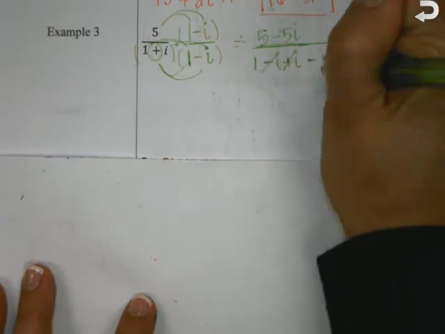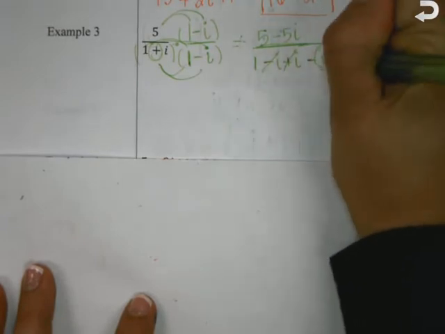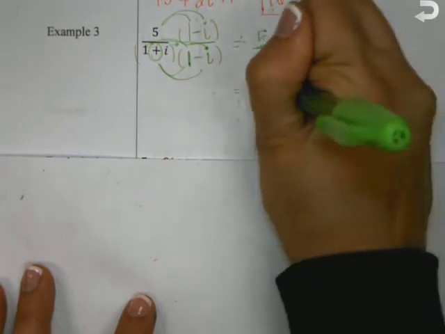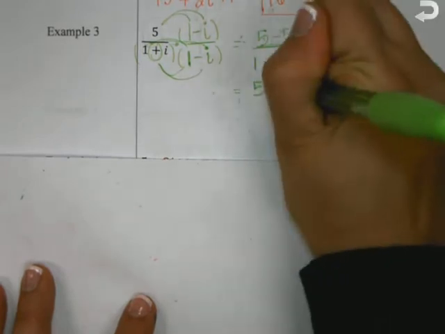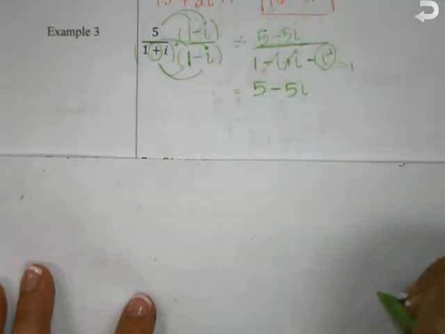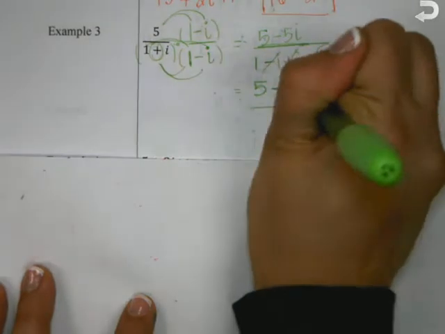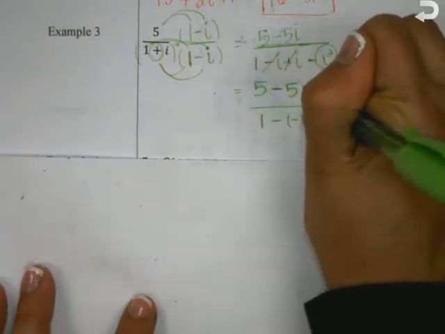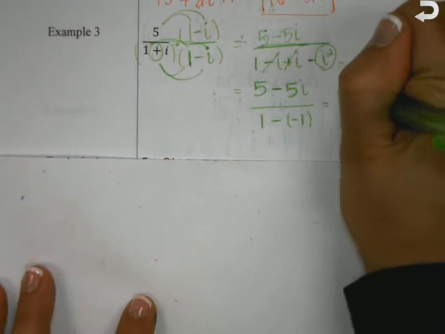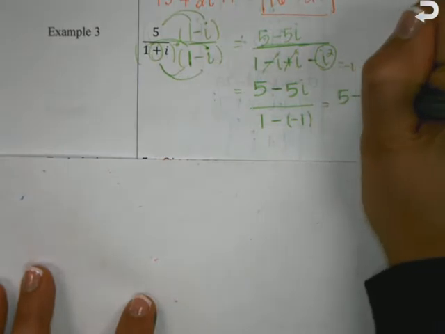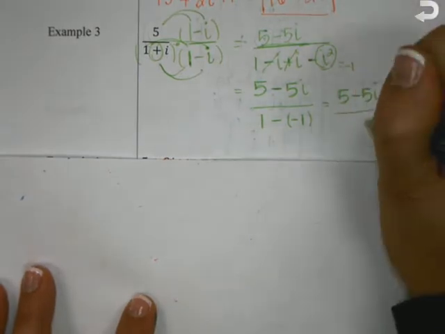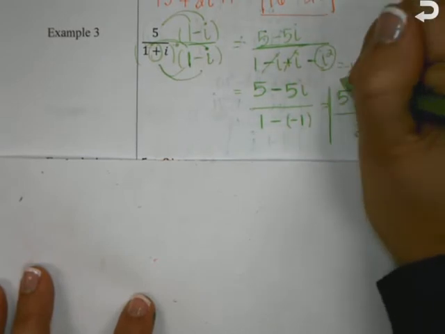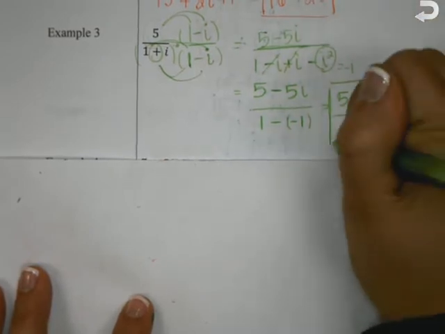So this is 5 minus 5i all over 1 minus negative 1. So that's 5 minus 5i all over what? 2. And that's your answer. Since we don't have i in the denominator or a root in the denominator, we're good. So we're done.